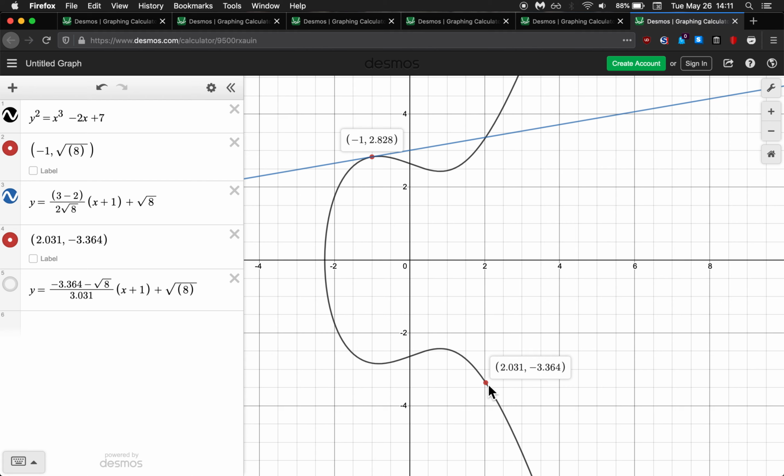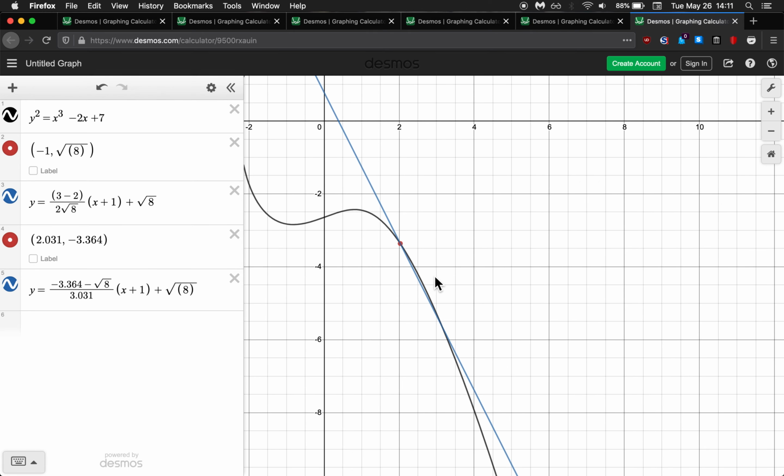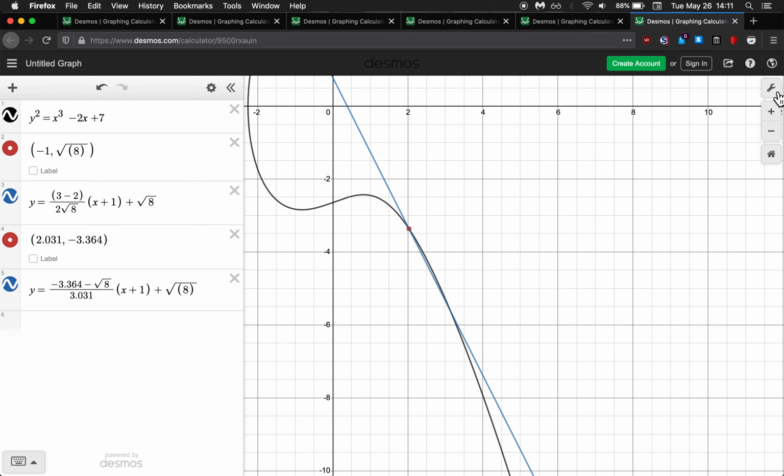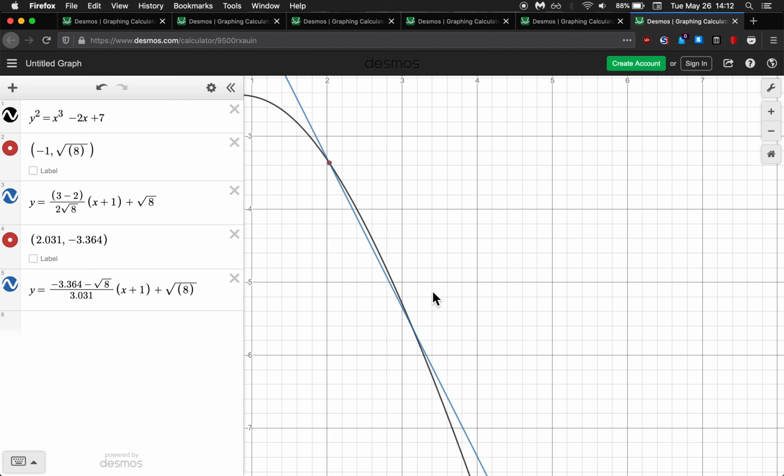And if I want to get 3 times P, I take 2 times P and I add on another copy of P. So let me activate this formula. Now I have another line. This is now connecting 2 different points. So I need to zoom in a bit to find their intersection, right?